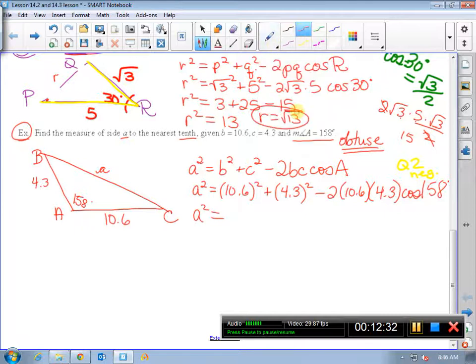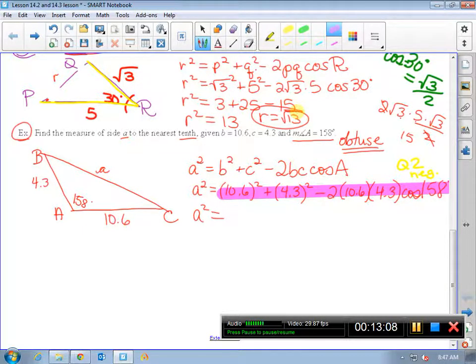This entire side of the computation can be put in your calculator as is. So let's give that a try. On my calculator, 10.6 squared plus 4.3 squared minus 2 times 10.6 times 4.3 times cosine of 158.